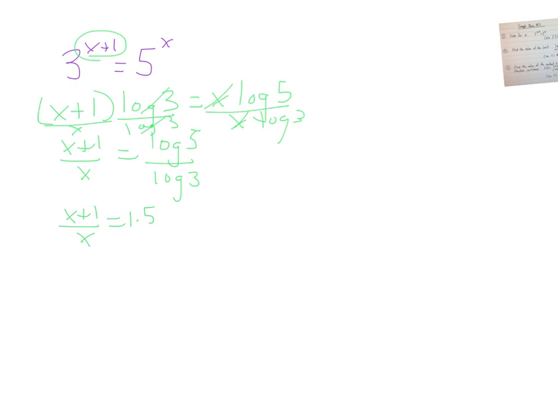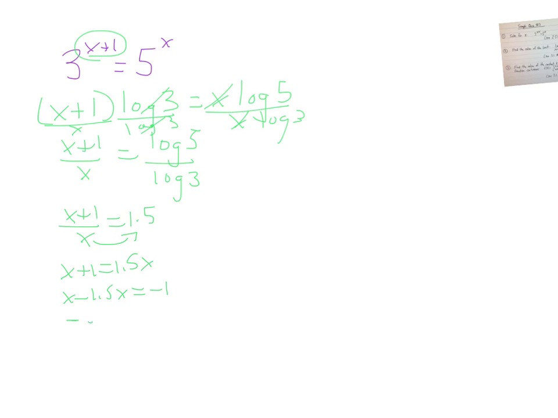So if that's the case, then what I can do now is I can multiply this x over here, and I have x plus 1 equals 1.5 times x. And if I put all the x's on this side, it's going to be x minus 1.5x equals minus 1, because we do the opposite operation on the opposite side of the equation.